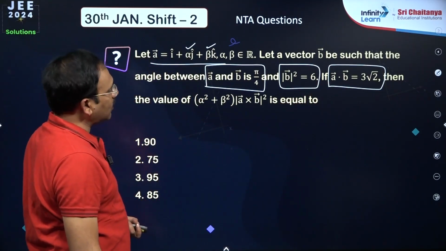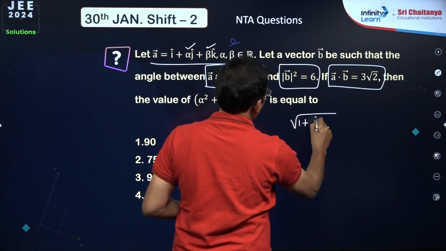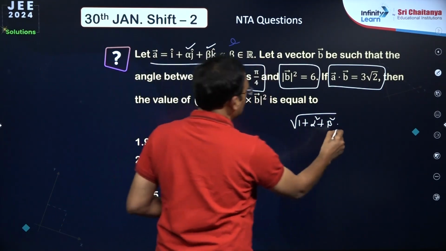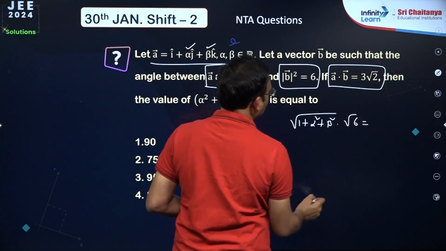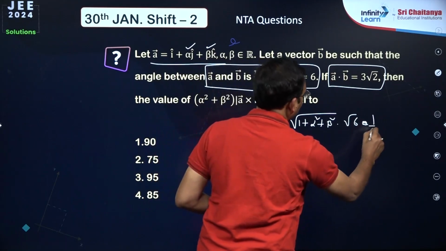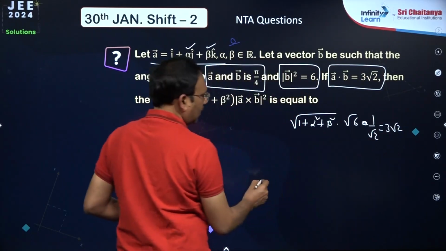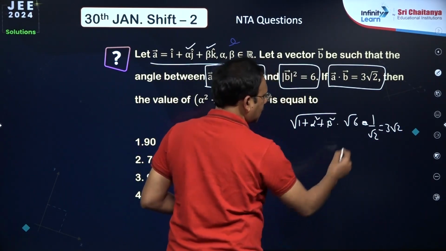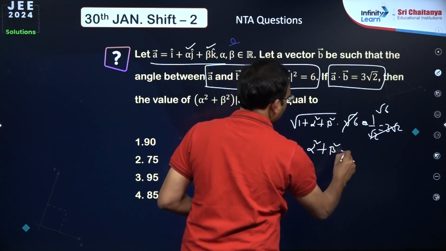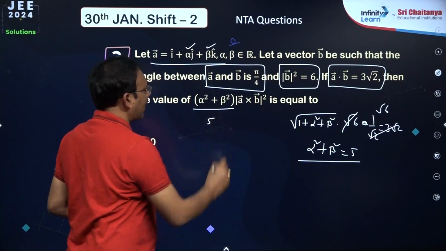So what can you say about magnitude of a, that is root of 1 plus alpha square plus beta square, into magnitude of b, which is nothing but root 6, into cos theta. Cos pi by 4 is going to be 1 by root 2, is equal to 3 by root 2, my dear friends. This you can say, 2 3s are 6, this becomes root 6. So alpha square plus beta square is going to be 5 here. So, dear students, this value is going to be 5.